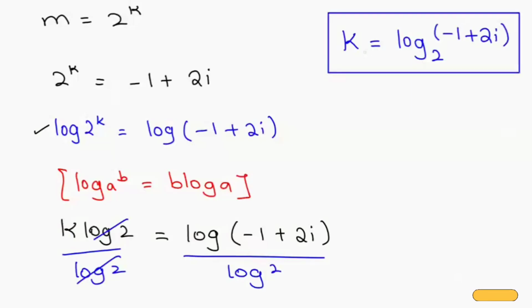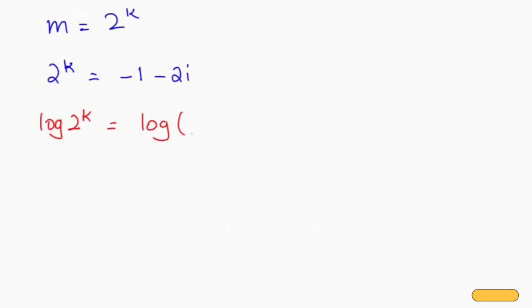So here we get the second k value, that is the imaginary solution. I'm going to plug the negative value of m in this equation. m is equal to 2 to the power of k, and 2 to the power of k is equal to minus 1 minus 2 iota. Same as here, I'm going to take log of 2 to the power of k is equal to log of minus 1 minus 2 iota.